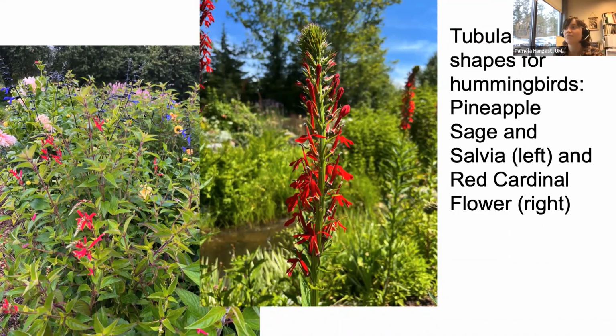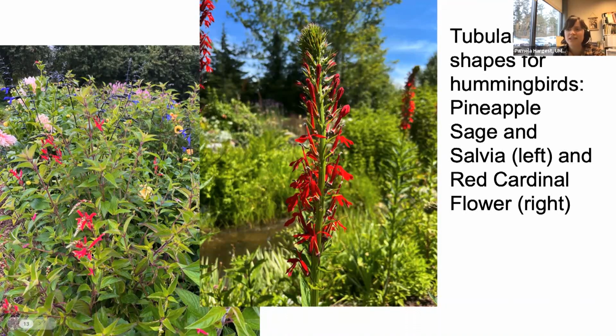Actually, this red cardinal flower is not at the gardens, but on the left side we have some pineapple sage, this red flower, and the blue salvia, and both have that tubular flower shape that hummingbirds really love.